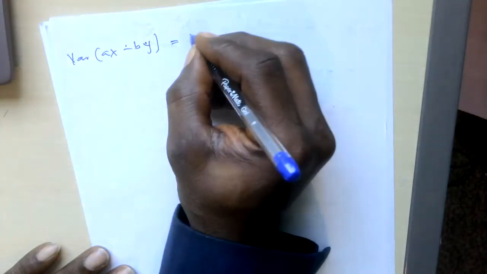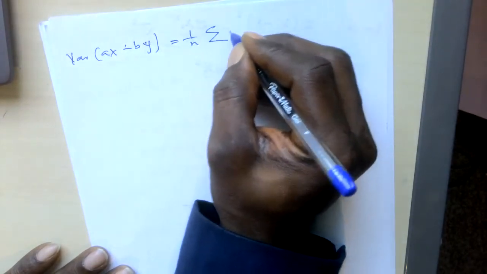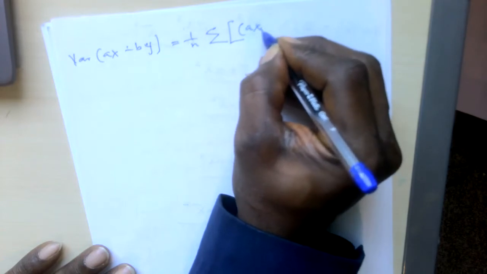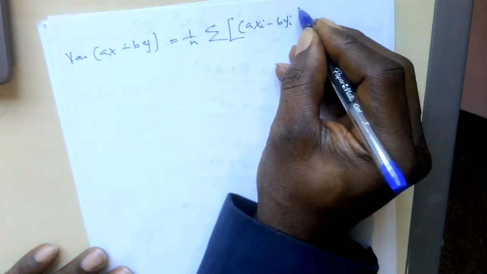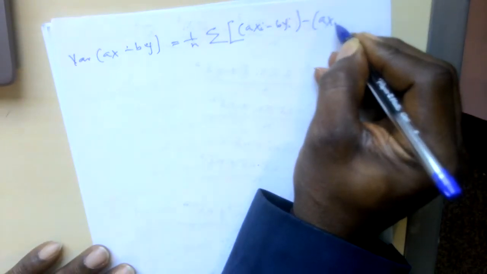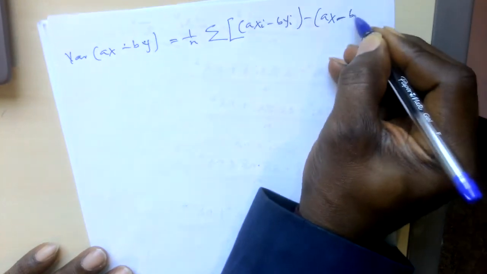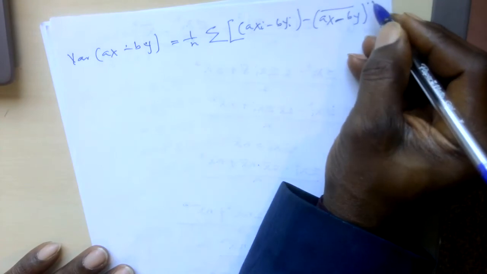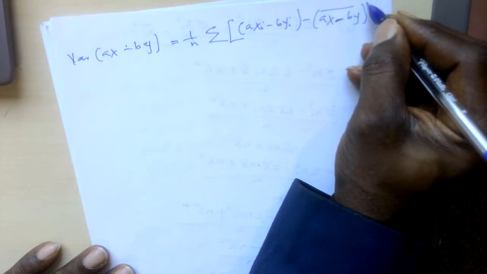So we have ax. Let's prove that ax minus by equals 1 over n summation a x i minus b y i minus the bar, ax minus by, all square.